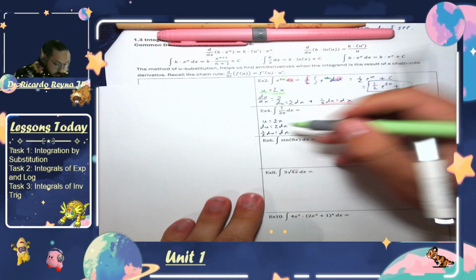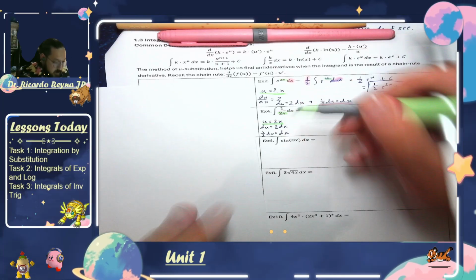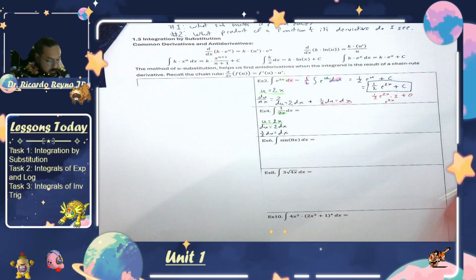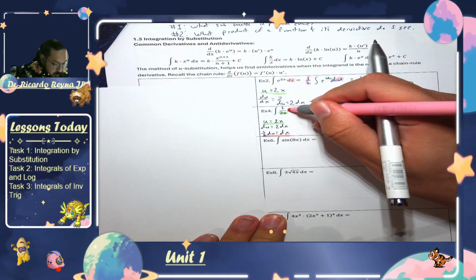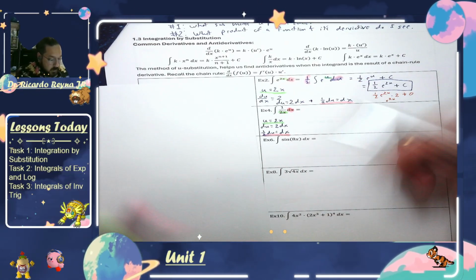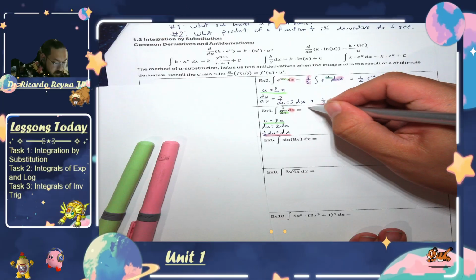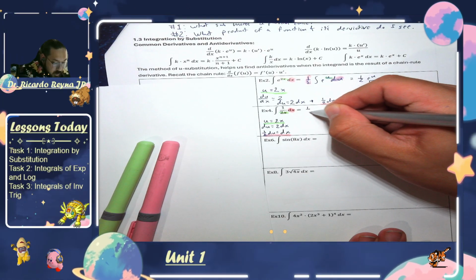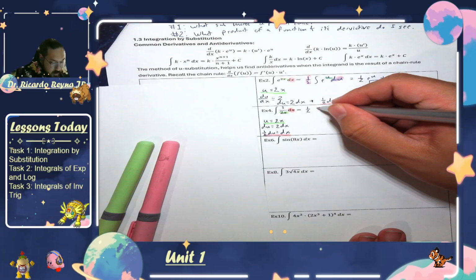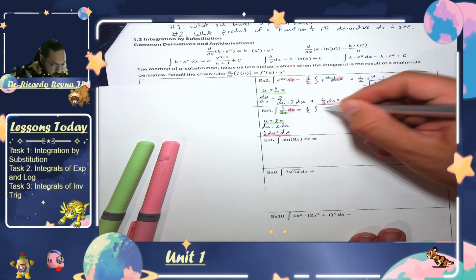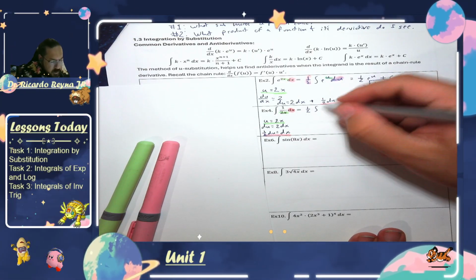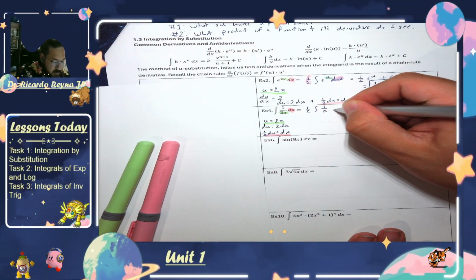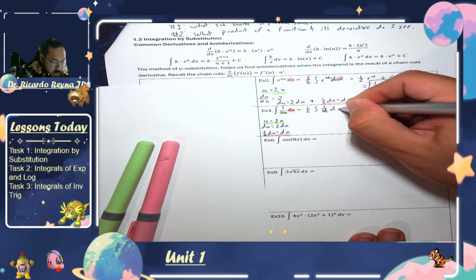Okay, so that's going to replace this. That's going to replace this to give me 1/2 of, oh, there was an easier way to do that. We'll talk about it later. 1 over x, or 1 over u, excuse me, du.